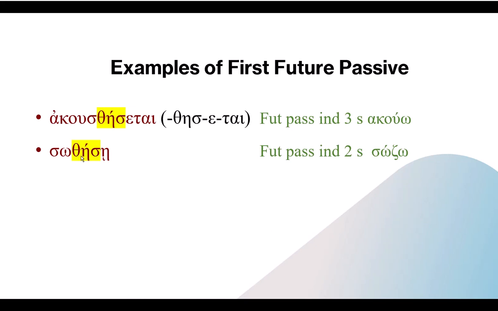So we just have sothese. Here is our nice thes tense formative, and then the second singular ending. So it's a future passive indicative, second person singular of sozo, you will be saved, you will be delivered. In some contexts, it's referring to somebody being healed, you will be healed.